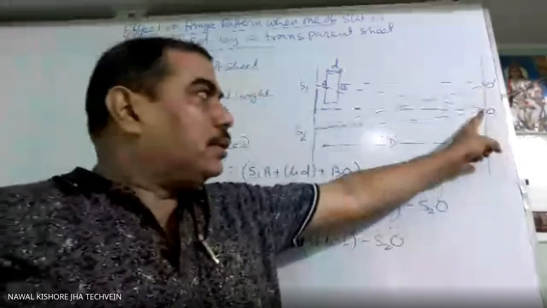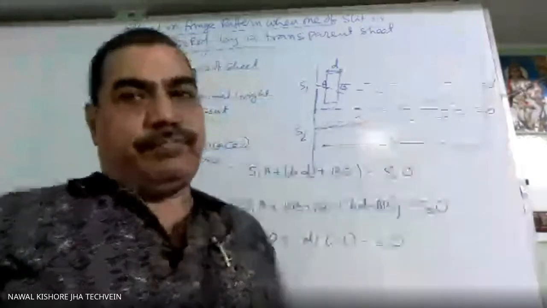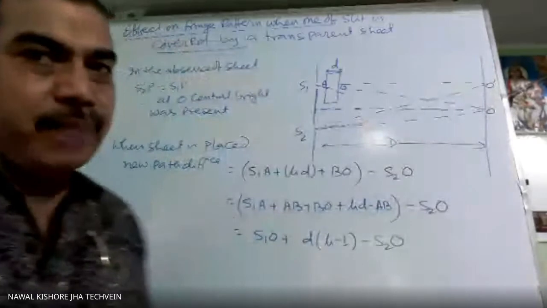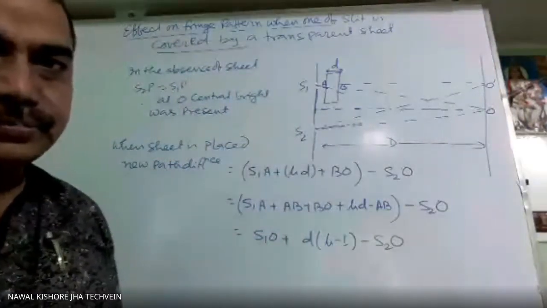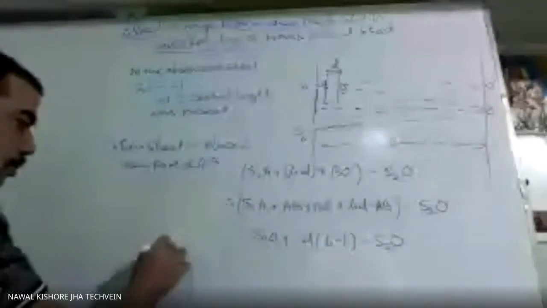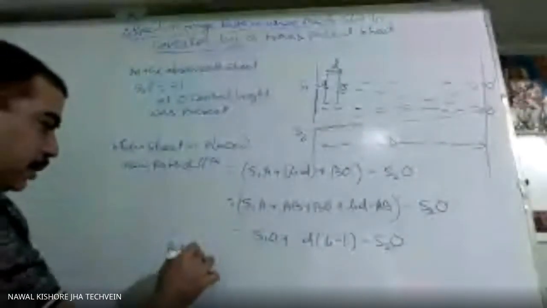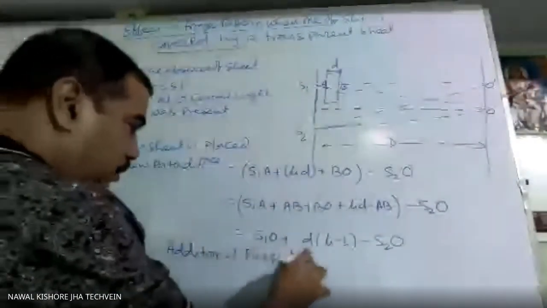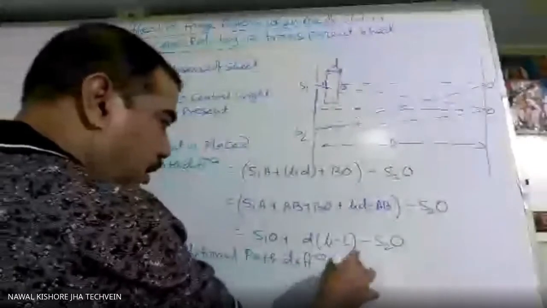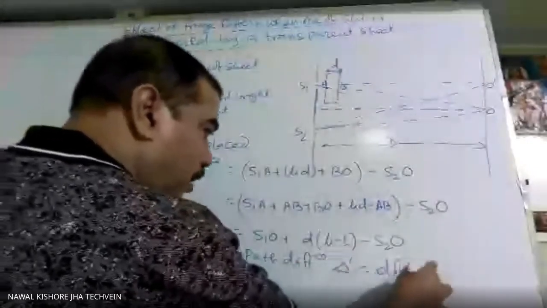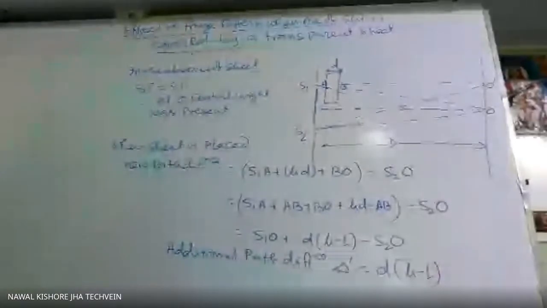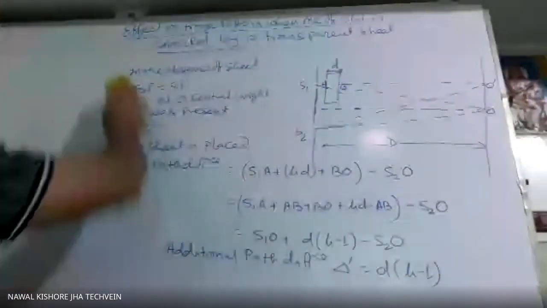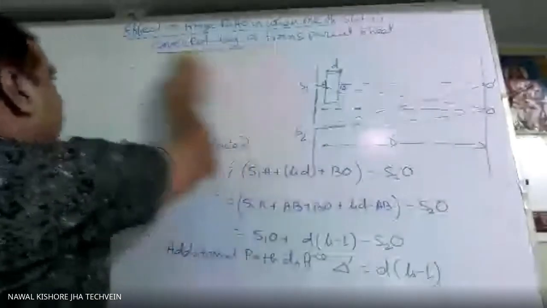So naturally the central fringe will shift by a distance x. This additional path difference delta dash is D times (mu minus 1). If S2 is covered, this will shift this side, down. If S1 is covered, it will shift the other way.